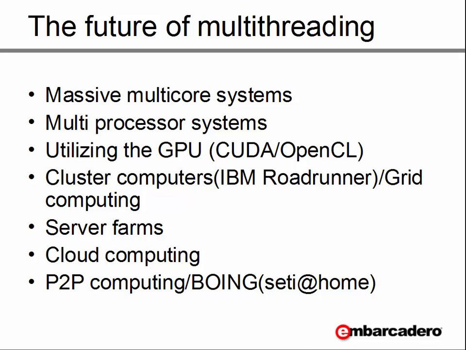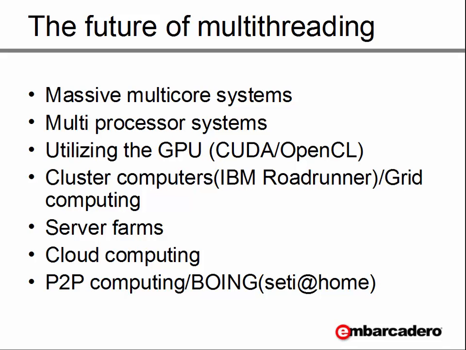We have multiprocessor systems with 2 or more processors. Now, in addition to the CPU, we can also utilize the GPU for parallel processing. GPU now officially stands for General Purpose Unit, and we have APIs such as CUDA or OpenCL, which allow us to perform general purpose tasks on the GPUs.